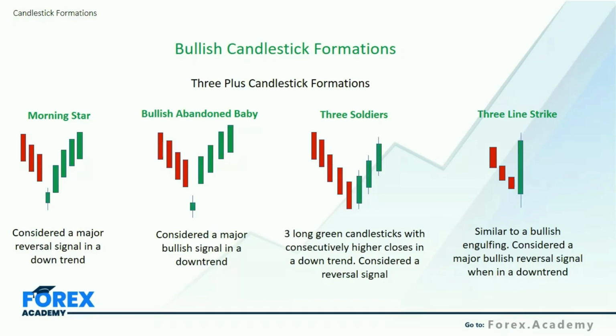So we'll start again on the left-hand side by looking at the morning star. What we're seeing in this kind of price action is price consistently moving lower. And the reason why we're looking at a 3+ is that it can contain 3 or more candlesticks effectively.